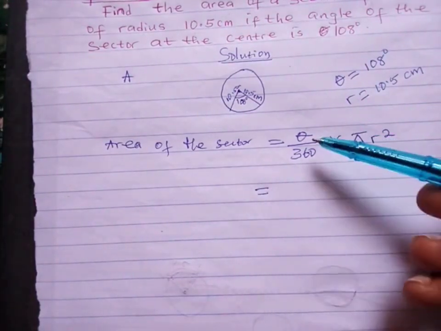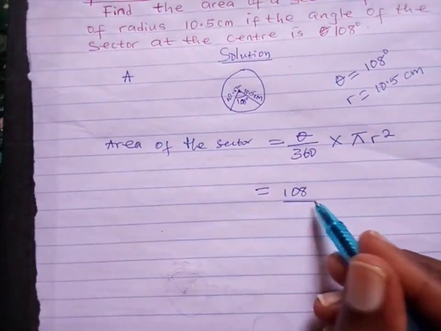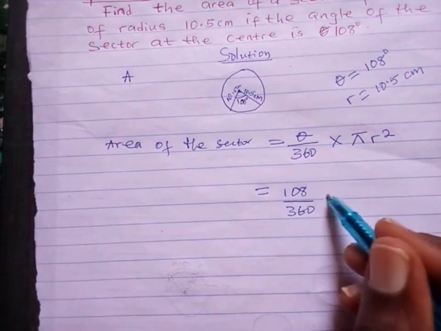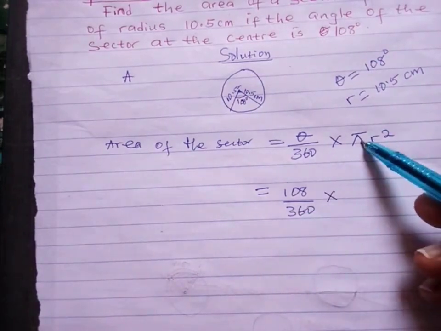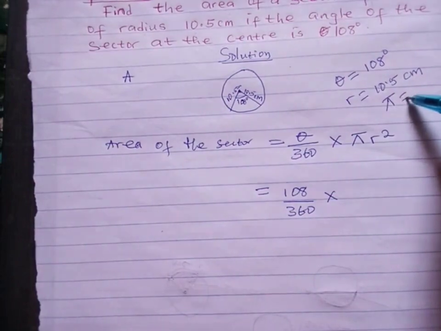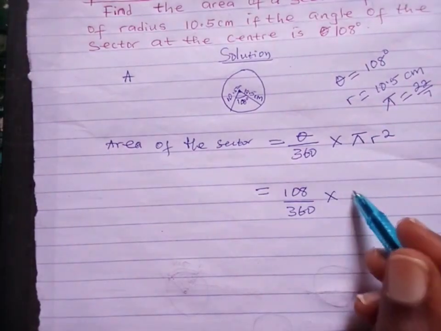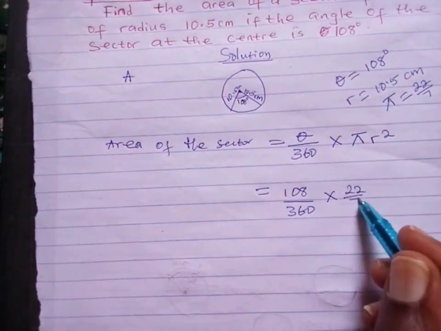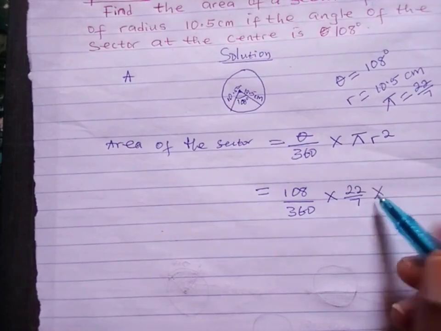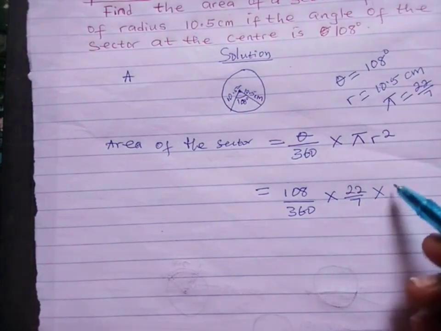When we substitute, theta is 108 over 360 times. Then what's the value of our pi? Of course, pi is a constant. The value is always given to be 22 over 7. So in place of this pi, we'll write 22 over 7 times r. What's our r? r is given to be 10.5 centimeter.